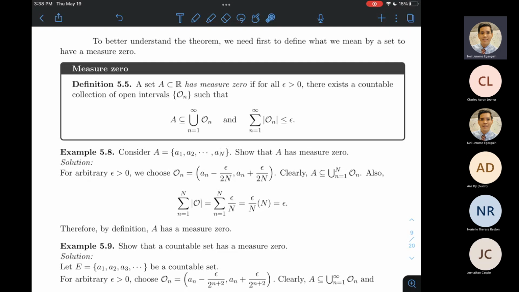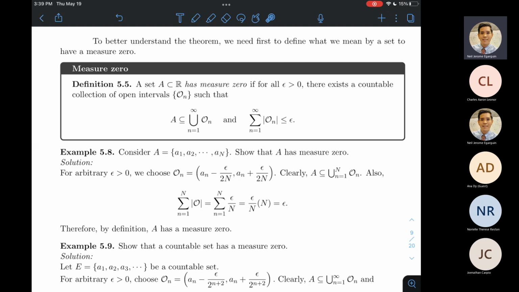Kailan natin masasabi na isang set ang measure natin sa kanya o ang sukat natin sa kanya ay zero? Now, a set is of measure zero if and only if for any epsilon greater than zero, we can find a countable family of open intervals such that yung union ng mga open intervals na yon ay superset ni set A. So you can think of nako-cover nung union ng mga open intervals yung set A. Ibig sabihin, bawat isang miyembro ng set A ay nalalagay sa isang miyembro ng mga open intervals.